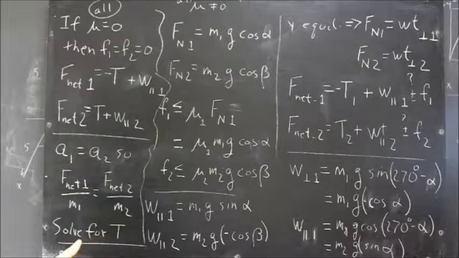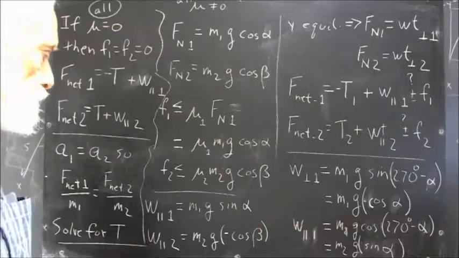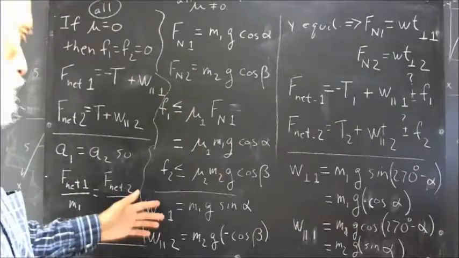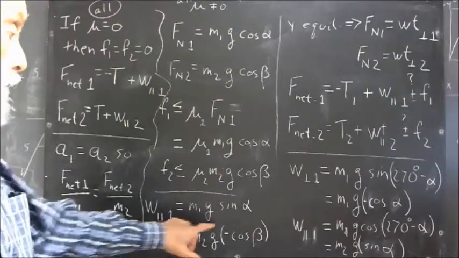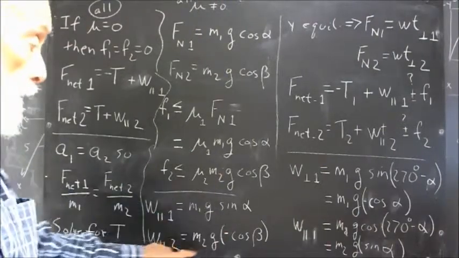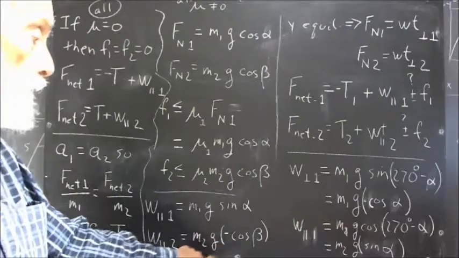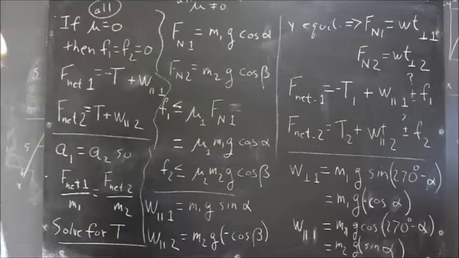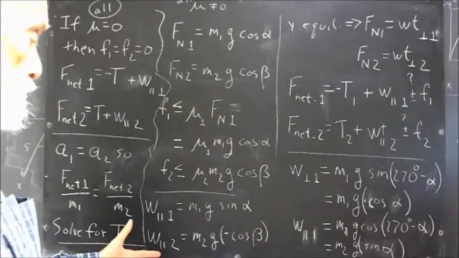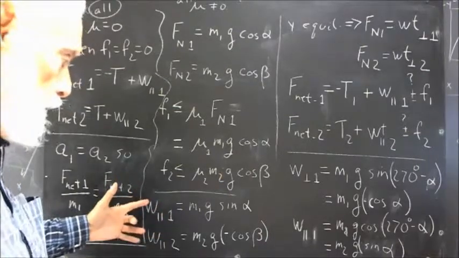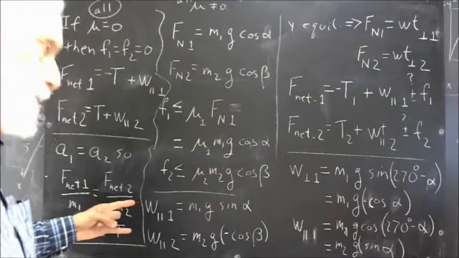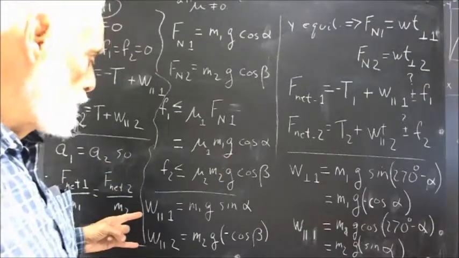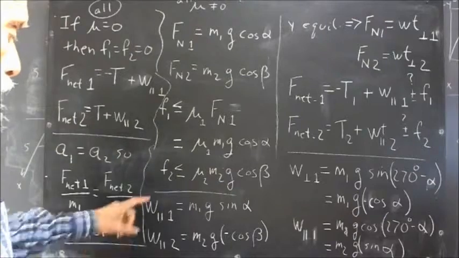Okay, so now I've written down the parallel components of the force. That's m1g sine alpha and negative m2g cosine beta. I'm going to let those go without comment. Again, I prefer you use a circular model to determine these components.